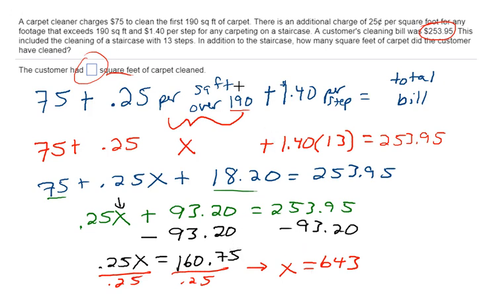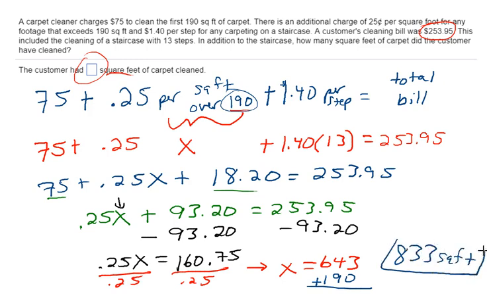X is representing the amount of square feet over 190 square feet. So X does not include that initial 190 square feet, so we need to add it back in. So we're going to add back in that 190, and we're going to get 833, right? So the total square footage is 833 square feet. That's what you want to type in the Math Excel.